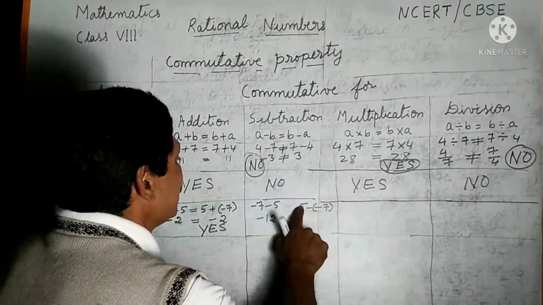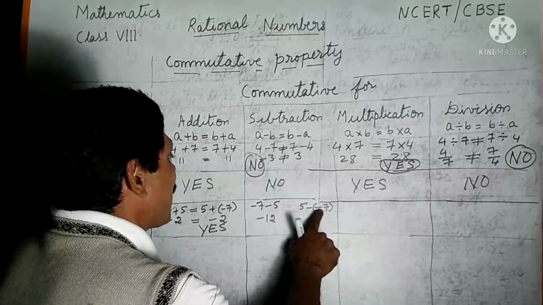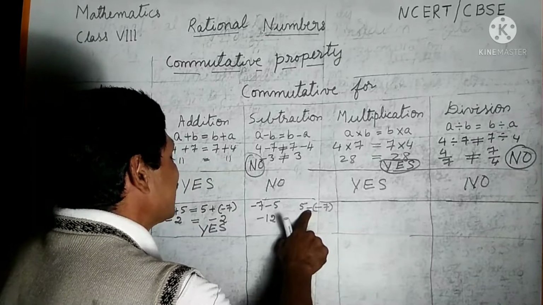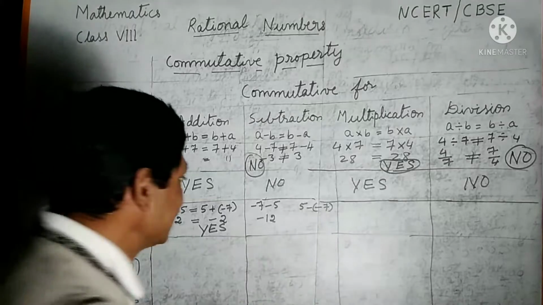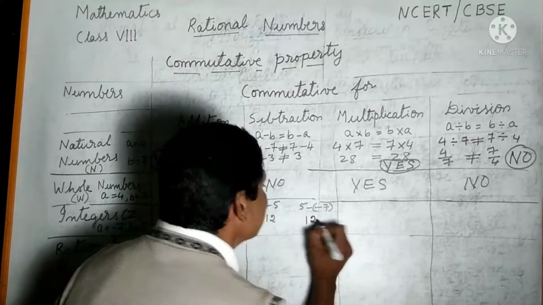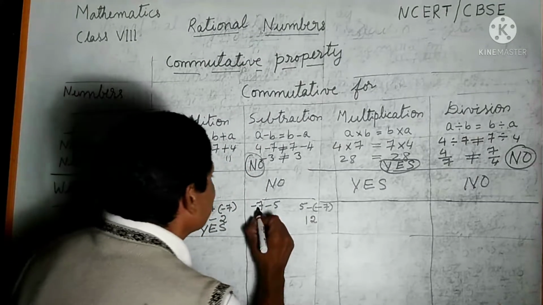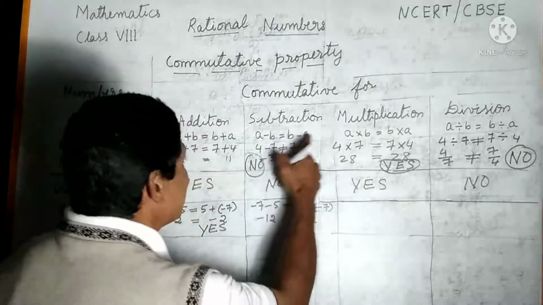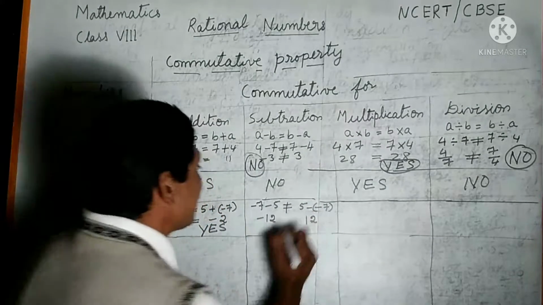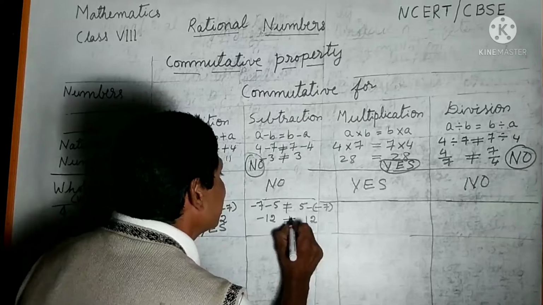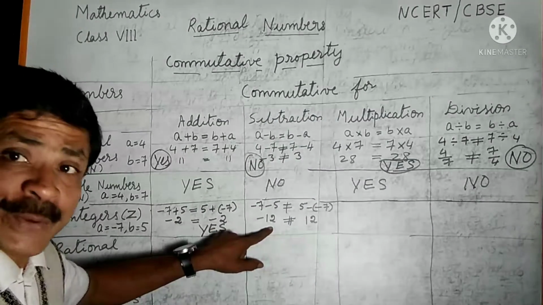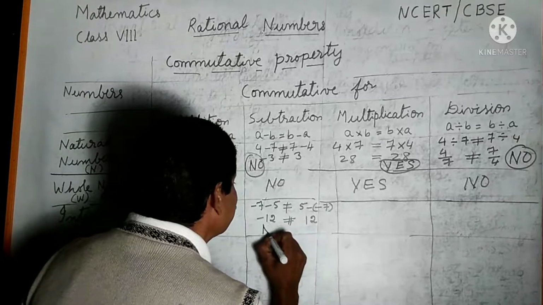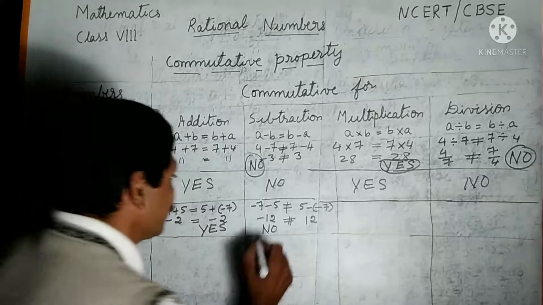And 5 minus minus 7, plus and minus into minus plus, so that 5 plus 7 is 12. So a minus b is not equal to b minus a. So subtraction is not commutative. Let's write no.